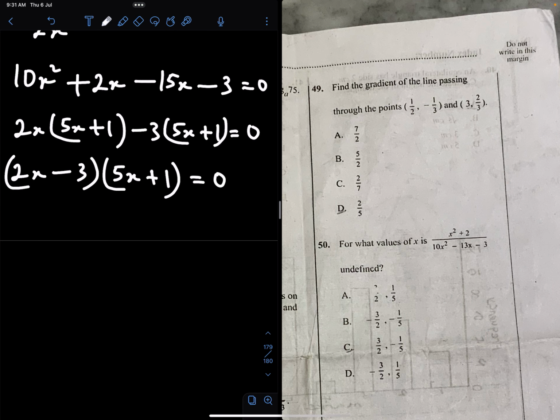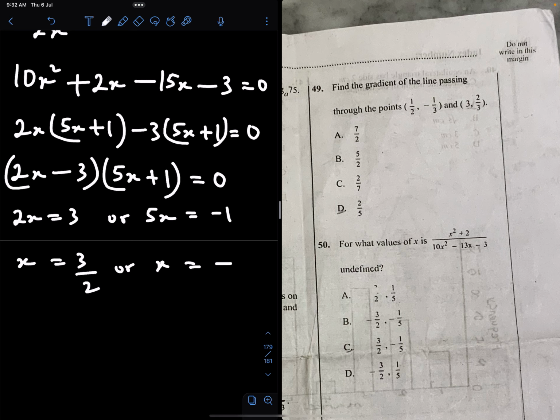Now that means 2x minus 3 equals 0, which means 2x equals 3, or 5x plus 1 equals 0, which means 5x equals minus 1. Therefore x equals 3 over 2, or x equals minus 1 over 5.